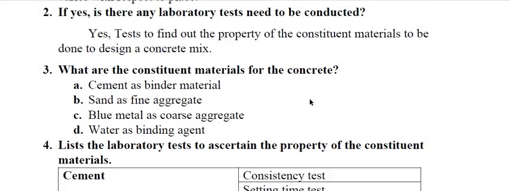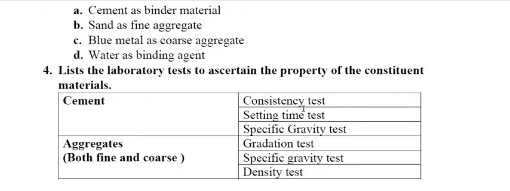Some important tests are the consistency test, setting time test, and specific gravity test for cement, and gradation, specific gravity and density tests for aggregates. Here, gradation tests of aggregates are used to find out the size of aggregates as well as the zone of a fine aggregate.